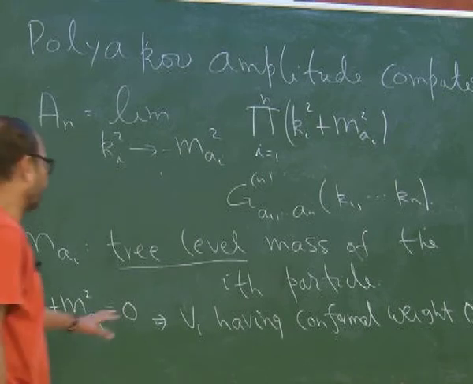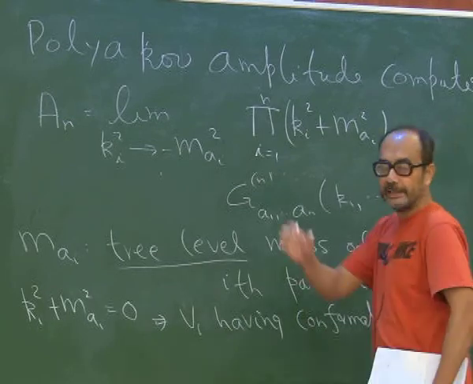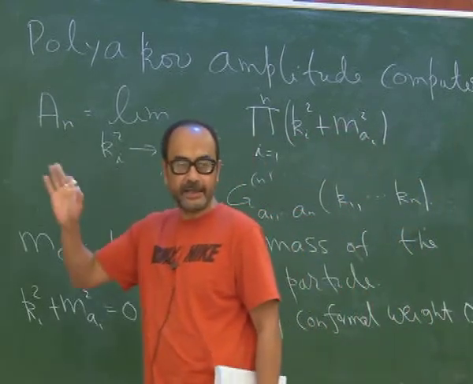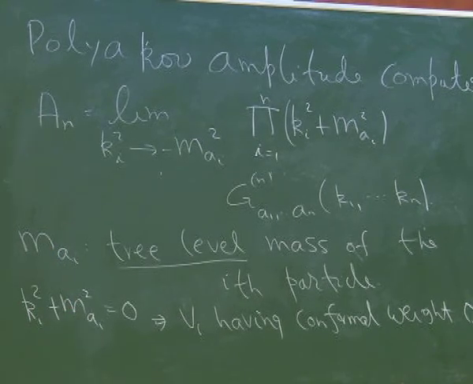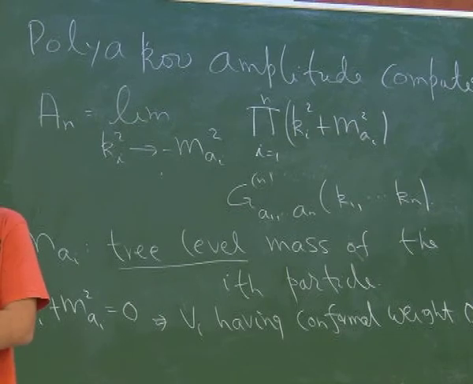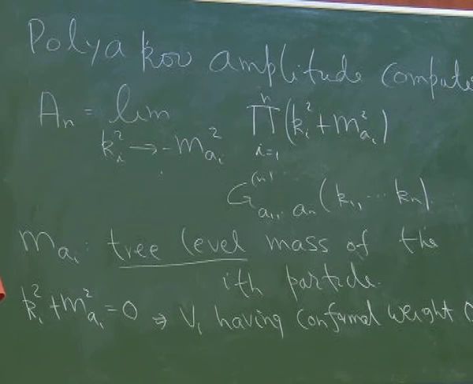So this is the reason you know that the Polyakov amplitude computes not truly the S matrix element, where the limit that has to be taken is when k^2 goes to minus the physical mass squared. The Polyakov amplitude computes the limit where k^2 goes to minus the tree level mass squared.